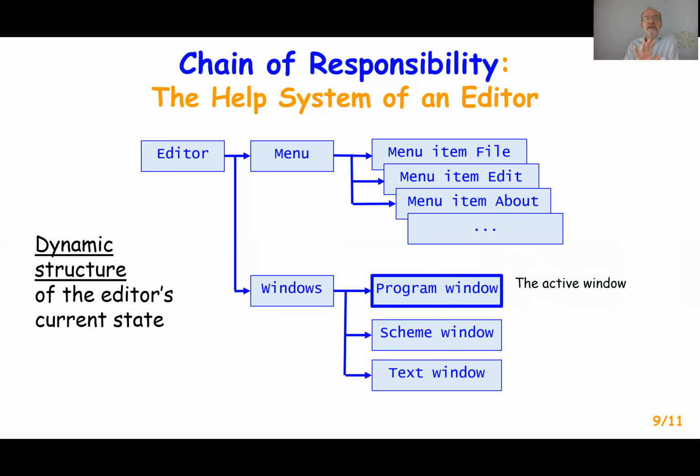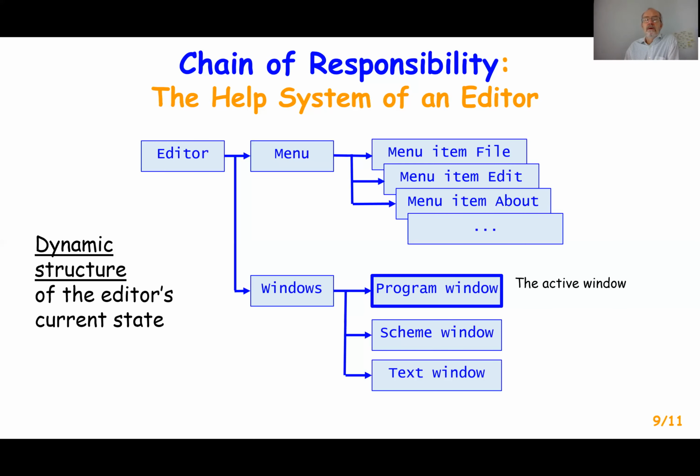We will see the static structure a little bit later, to make the difference between static and dynamic structure. Anyway, we have the component editor, which contains all information about the editor as a whole. We have a set of menus composing the main menu of the editor, and we have a set of windows that are open at this current moment.